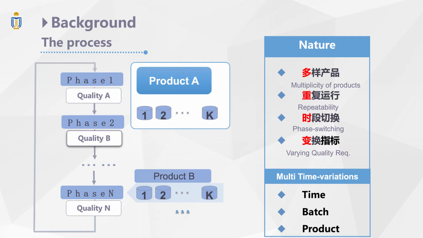During the manufacturing of one product, the process goes through several different phases. During each of these phases, the relationships or correlations among the variables and the variable you are concerned with may change.